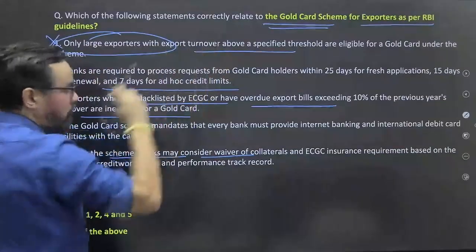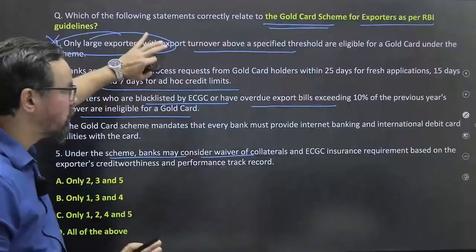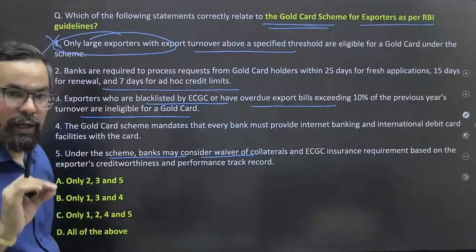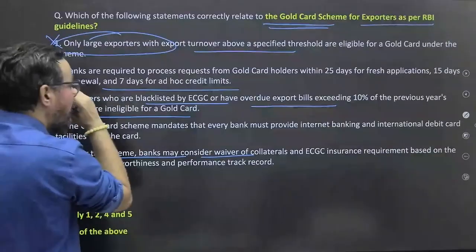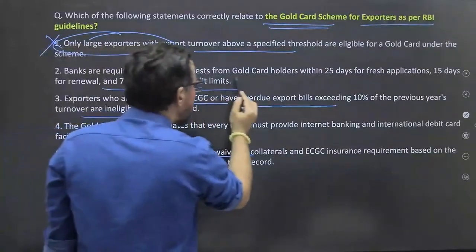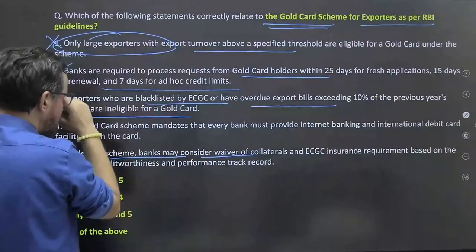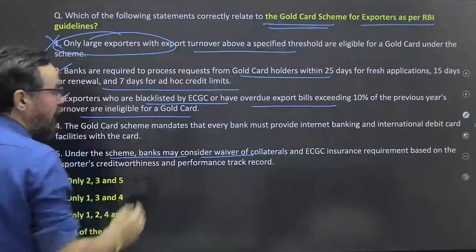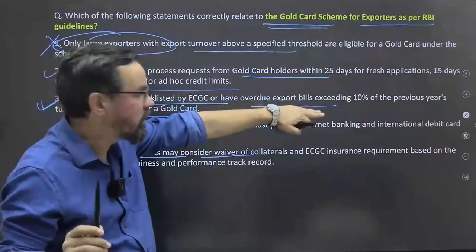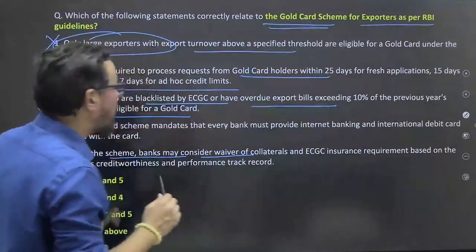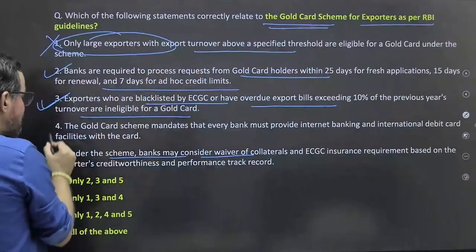This is for all the value exporters, either it is small or big, आपका, ठीक है, there is no discrimination, ऐसा कुछ भी नहीं है कि छोटे के लिए या बड़े के लिए. First of all, banks are required to process request for gold card holders. This statement is wrong. All dates are correctly mentioned. This statement is also correct. 10%, the previous year overall turnover value, 10% outstanding and more, and blacklisted by the ECGC, तो ये eligible नहीं होंगे. This statement is wrong.